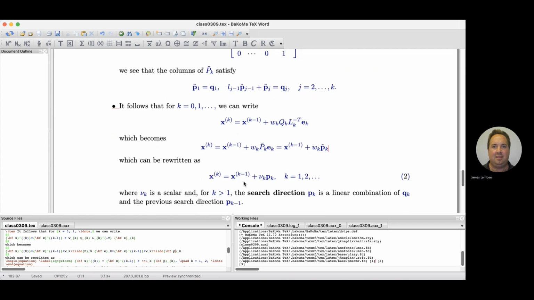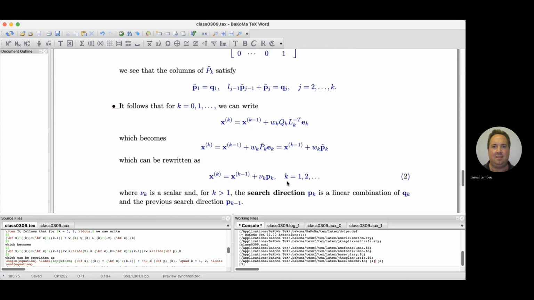These p vectors I'm going to call my search directions, because that's a direction that gets me from one iterate to the next. And then we just have a scalar nu_k to work out.